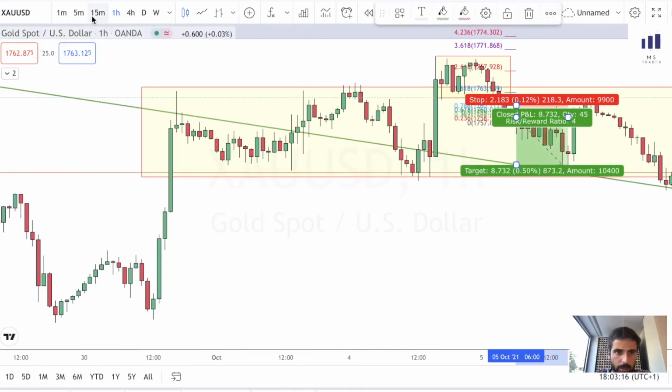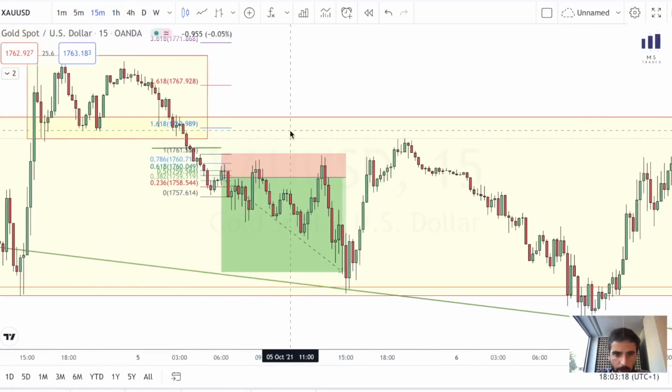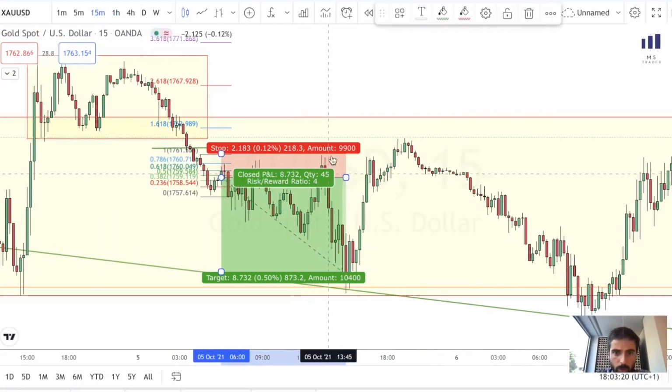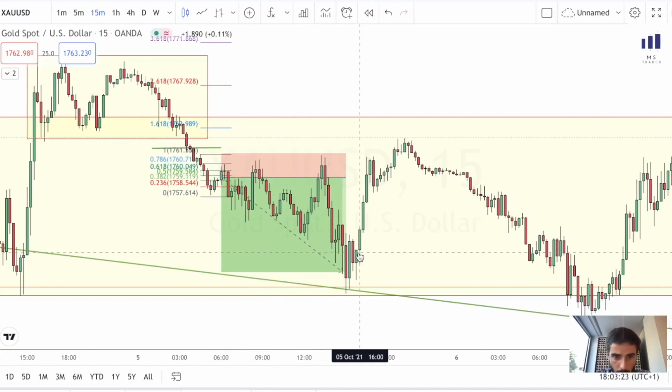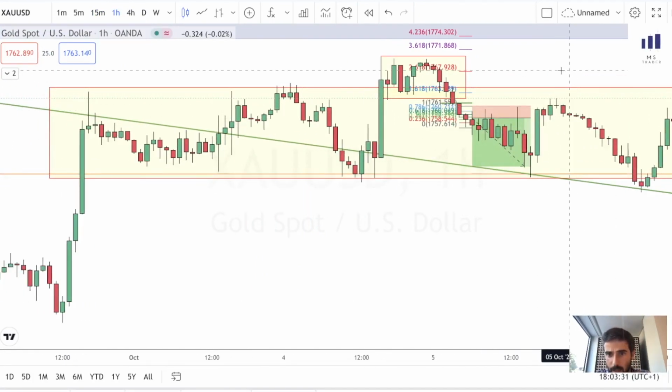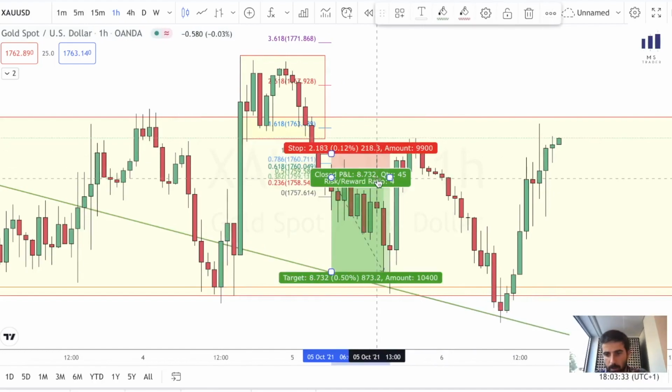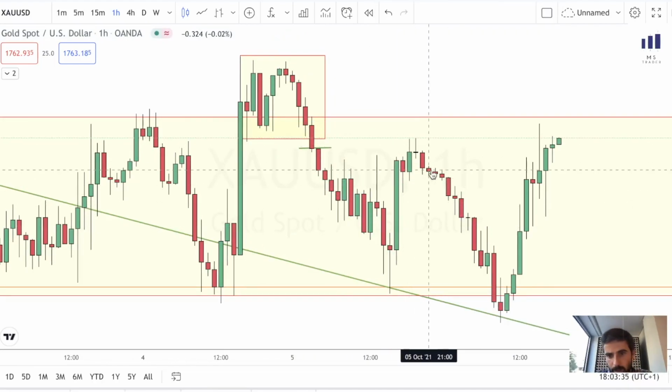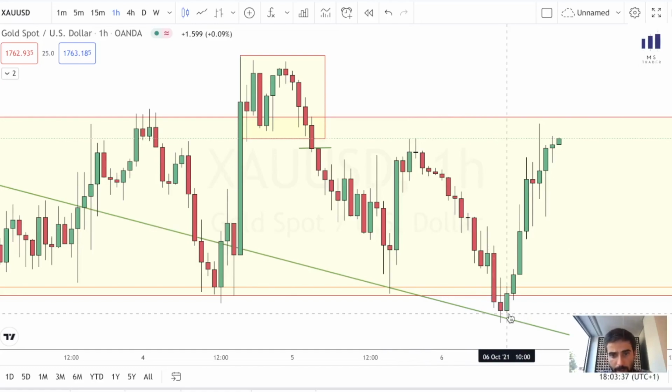And as you can see in here, you can have a risk reward of 1 to 4, and it was a really good trade. After that, the market went to the bottom, went above, not to the last high, and it went below again.